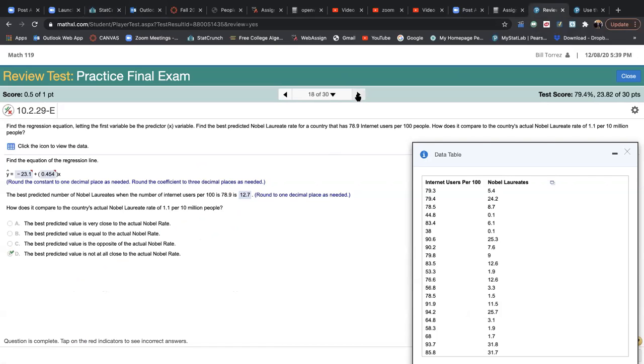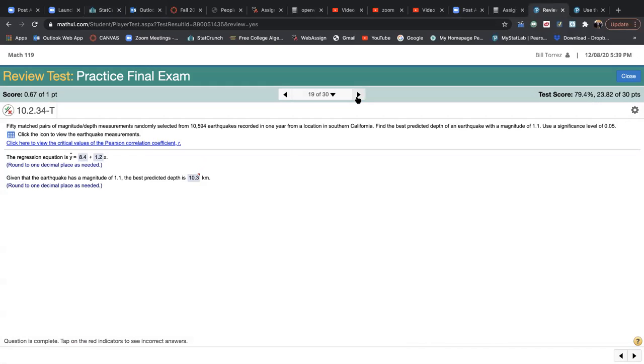Right, let's go to 19. Okay. And here we have earthquakes, and the problem reads as follows: 50 matched pairs of magnitude and depth measurements randomly selected from 10,594 earthquakes recorded in 1 year from a location in Southern California.